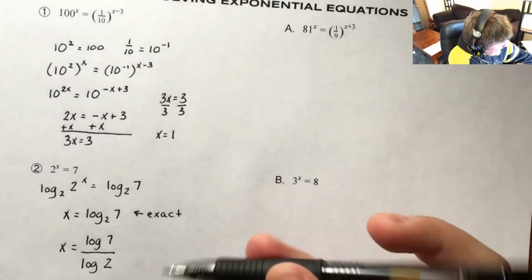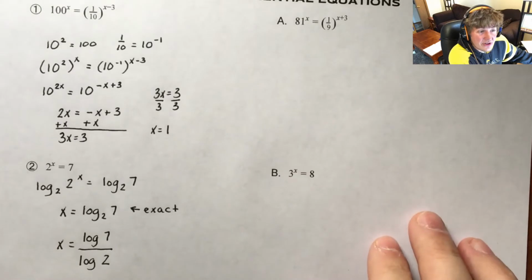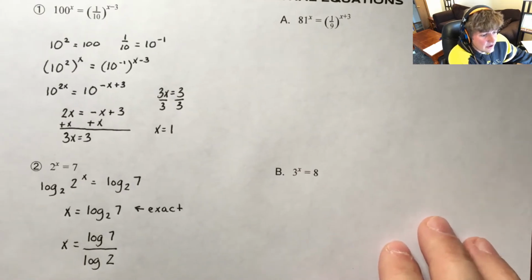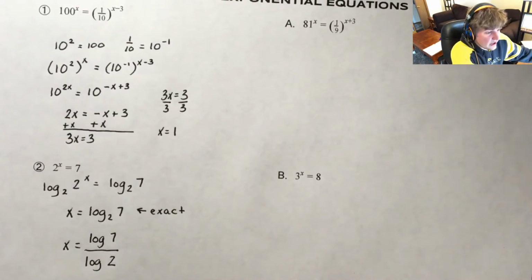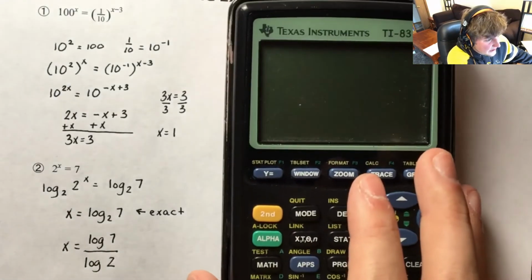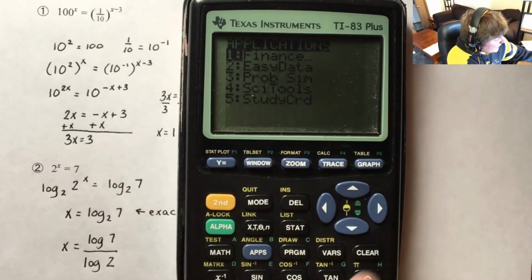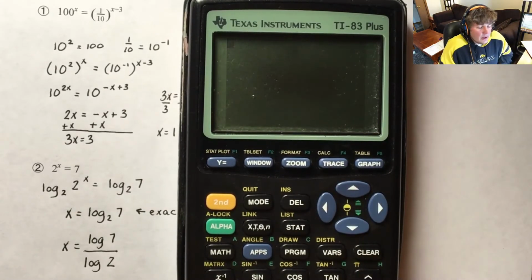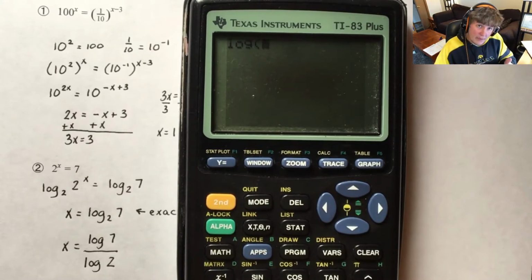And so now the log base 10 of 7 is something that we can just throw into our calculator quite easily. Log base 10 of 2 is also something we can do. So let's go ahead and take the time to do that here. It's going to be no different than our previous section. Whenever I have log and there's no base number below, it's implied that that's base 10.